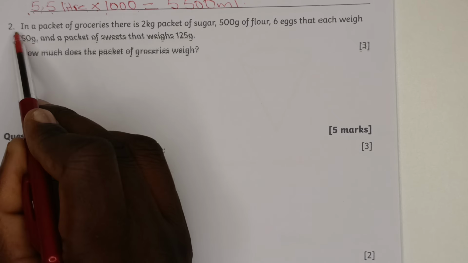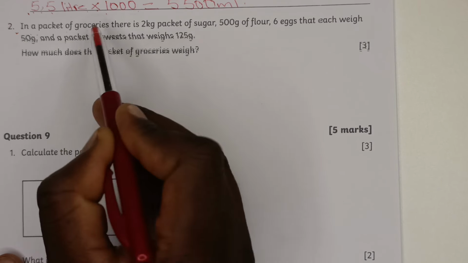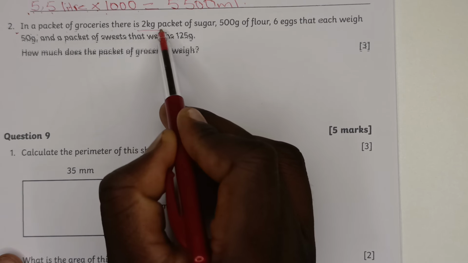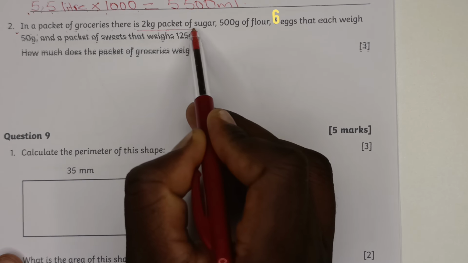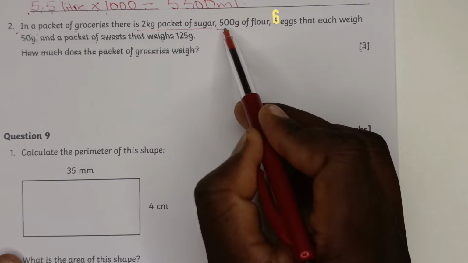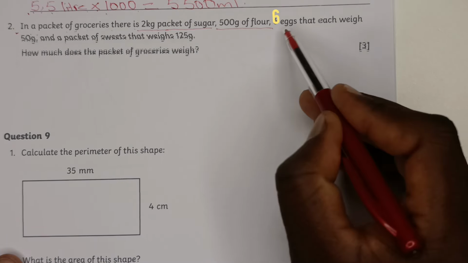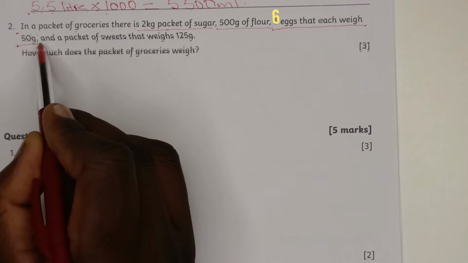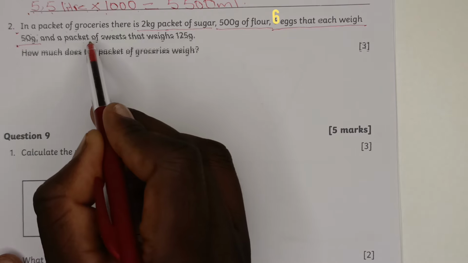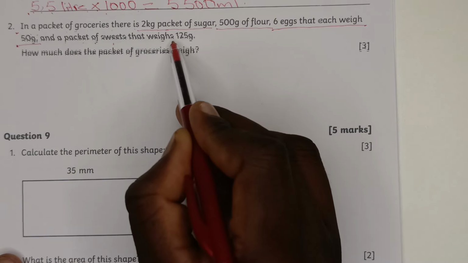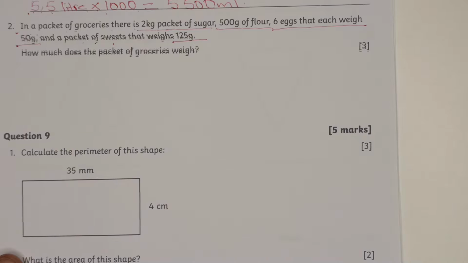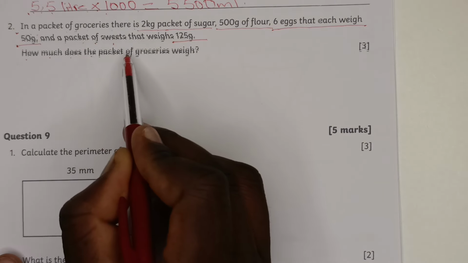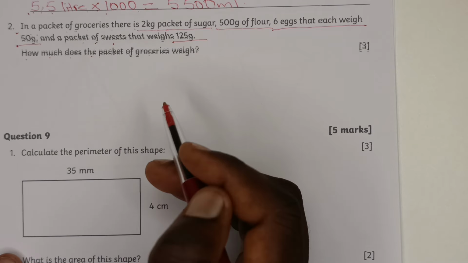Then 2. In a packet of groceries, there is a 2 kg packet of sugar, 5 kg of flour, 2 eggs that each weighs 5 grams, and a packet of sweets that weighs 125 grams. How much does the packet of groceries weigh?